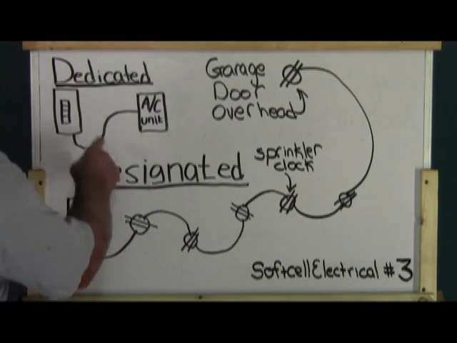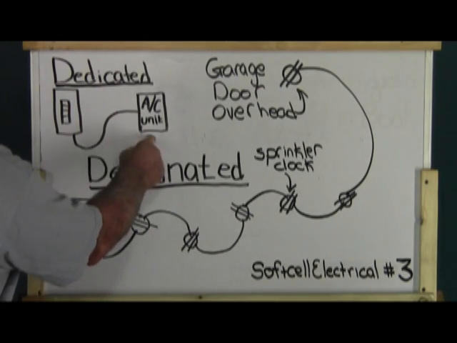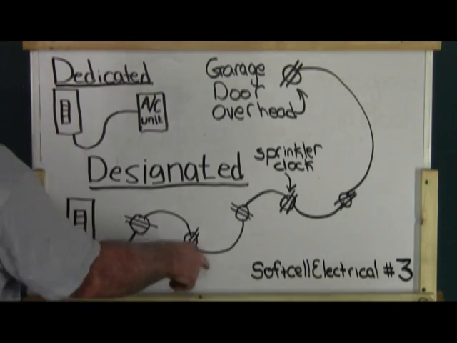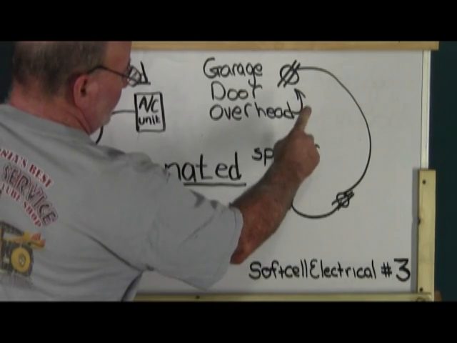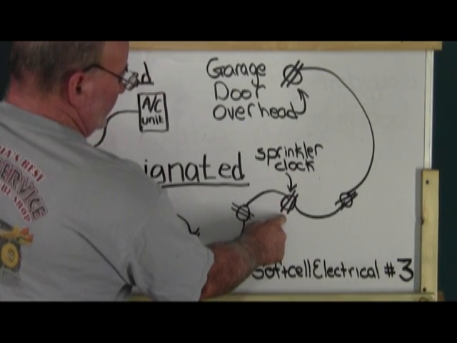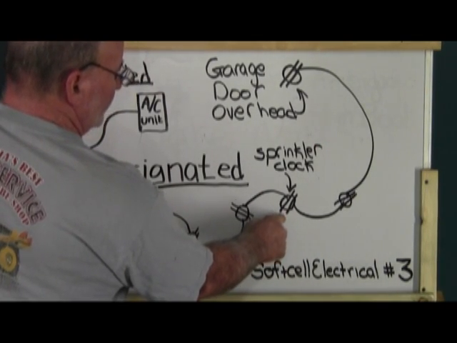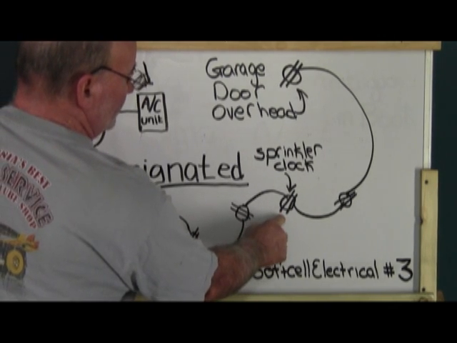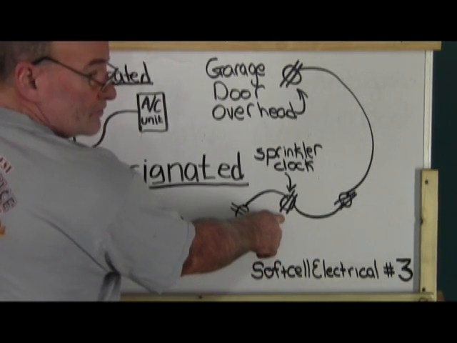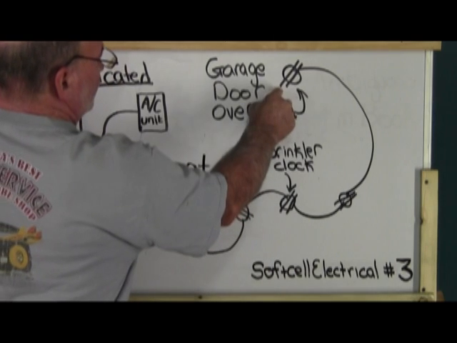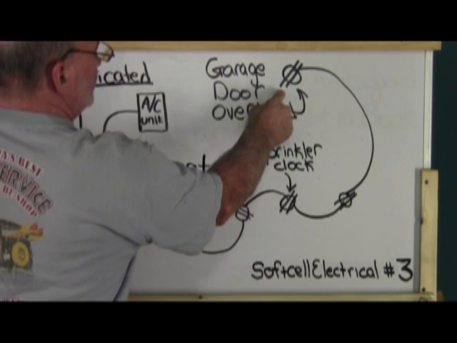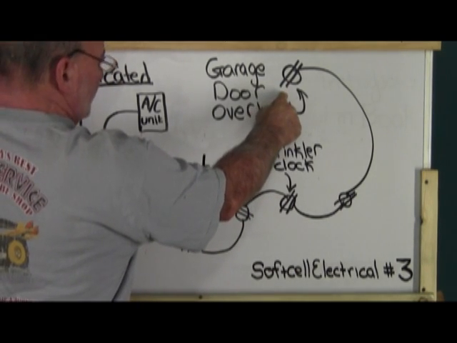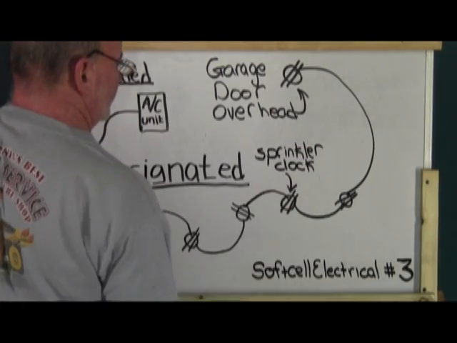So, to summarize, dedicated, one breaker, one unit. Designated, you have several outlets, but on that circuit, you have outlets that are specifically for an item, like a sprinkler clock. This might be in a garage, against the garage wall, or garage door overhead. This is only to be used by the garage door opener, even though it's shared with many different outlets.